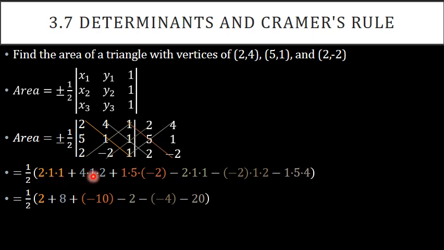That's 2, that's 8, that's negative 10, that's 2, it's negative 4, it's 20. All that together gives us negative 18. Multiply it by a half, you get negative 9. The area has to be positive. So let's say the area is 9.